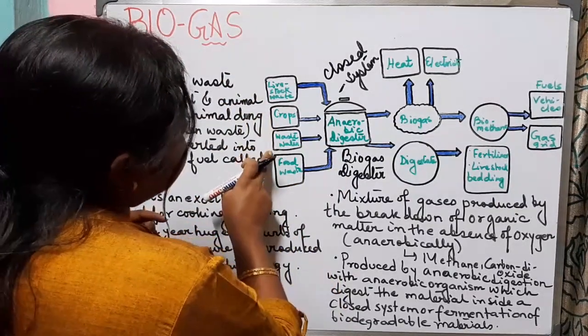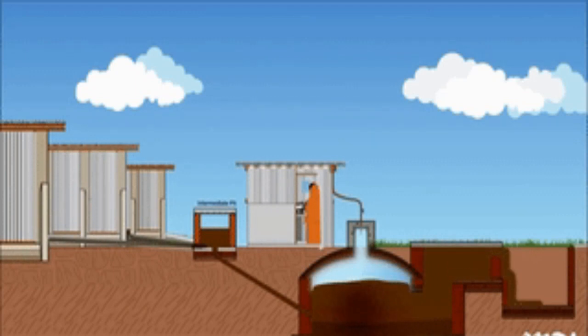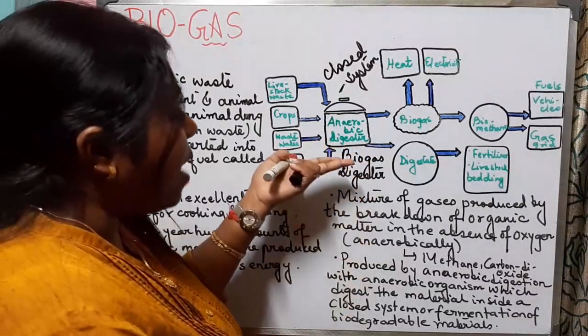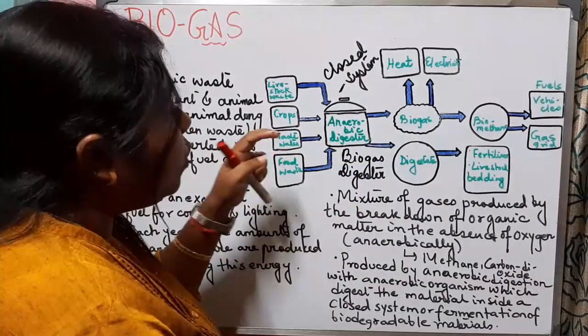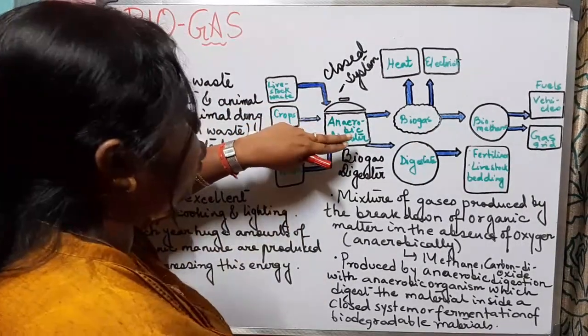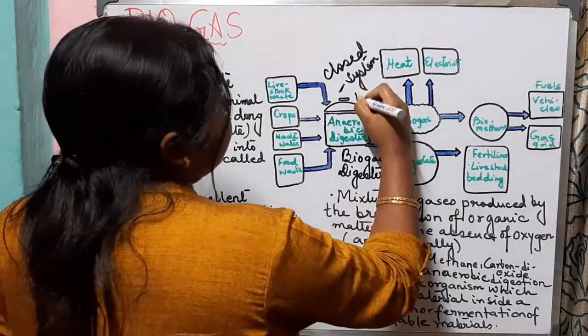The organic waste, the livestock waste, crops, wastewater and food waste, are all dumped into the digester. In this closed system, that is the biogas digester, anaerobic digestion will occur with anaerobic organisms like bacteria.